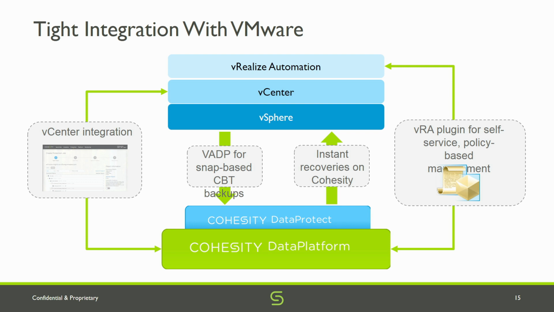We'll allow you to instantly recover those hundreds of VMs. We're going to spin up an NFS volume on Cohesity, present that back to vSphere, and we're going to be the primary storage device for the duration of the recovery. As soon as your initial primary storage is available, we're going to move things back to it. So instant recoveries, but at scale and to any point in time.